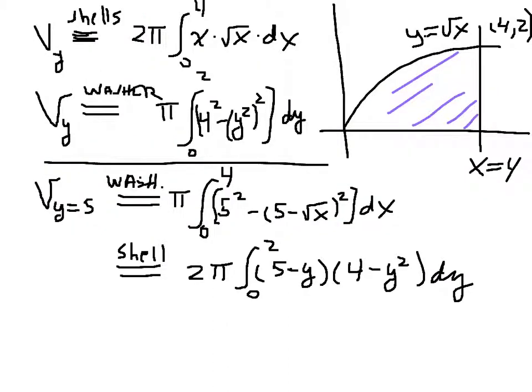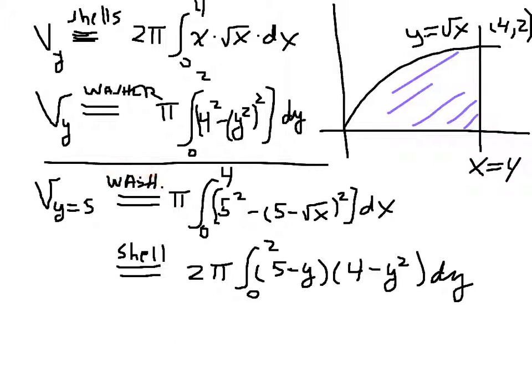Okay, so now it's time for you to do a little thinking, a little bit of work. Same picture, same as before. And what you need to try to work on is to figure out what the volume is when we rotate around the y-axis using shells, which is traditional, and then using washers, which is a little bit different. Similarly, let's imagine that we're going to go around the line y equals 5, something like this.